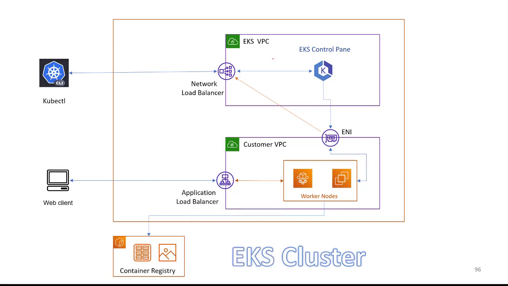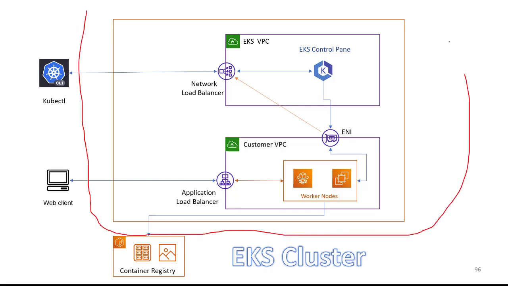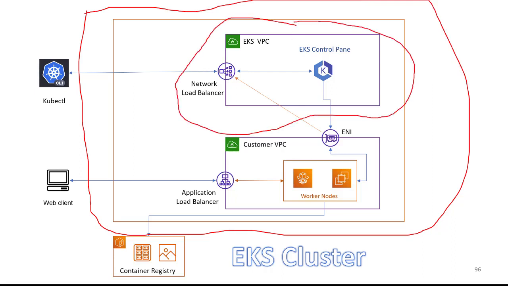Suppose when you create a cluster, the total will be the cluster. You can see this is a cluster. In this cluster, the first part is the master node. We can also say it's a control plane, which is just like your master node.